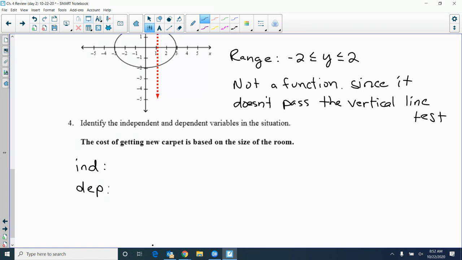So if you look at this, it says the cost of getting new carpet is based on the size of the room. Okay, Colin. Independent is size of the room and the dependent is cost. Okay, good. And you can say cost of the carpet or just cost.